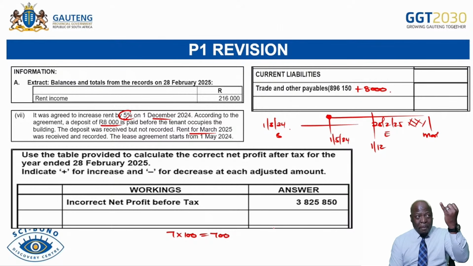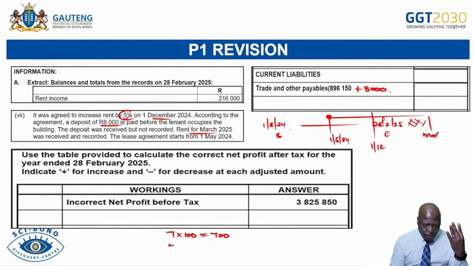And then from December, January, February, the year was supposed to end, but we received until March for 4 months. Rent was then increased by 5%. Therefore, it gives you 105 here. 4 times 105, that's going to give you 420. So 700 plus 420, that gives you 1,120 here.